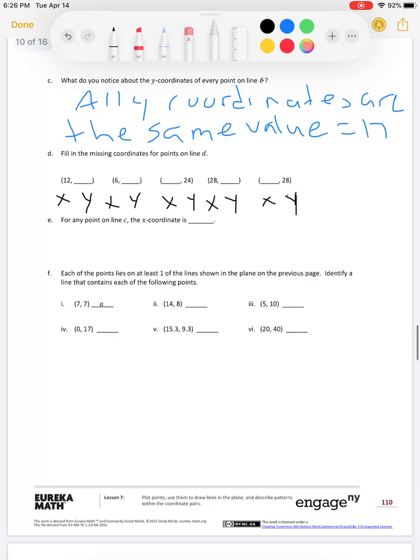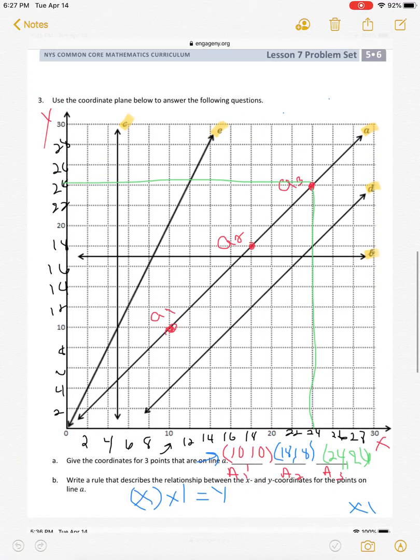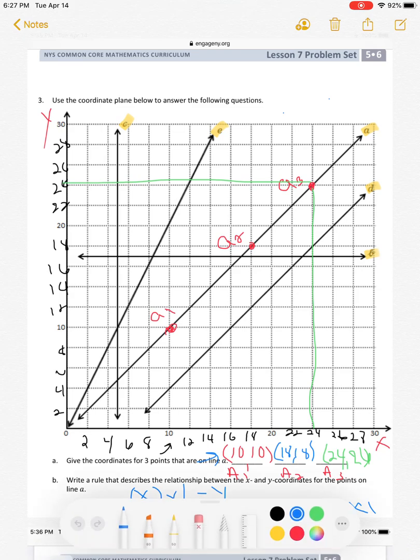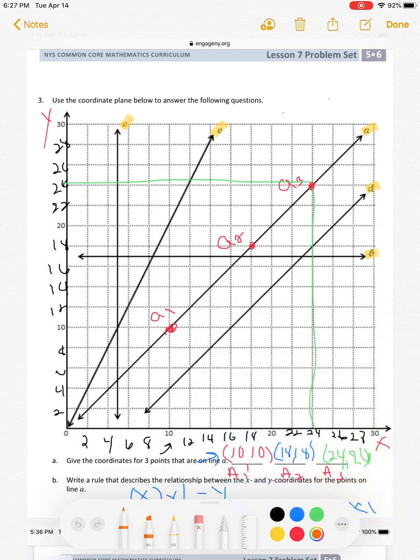We have to do 12 on the x-axis, and then y we have to indicate on line D. So let's go to 12 for line D, 12 on the x-axis, and see if we can determine our y coordinate. Let's use the color that we haven't used so that we know that we're working with something different. I'll use orange.